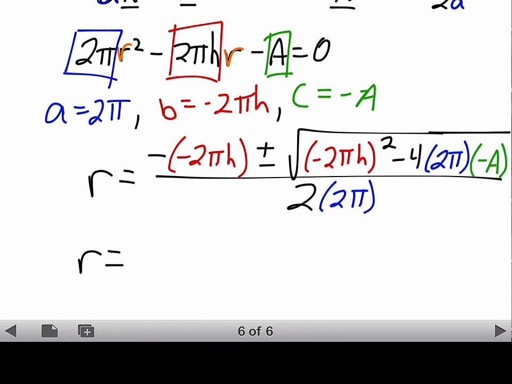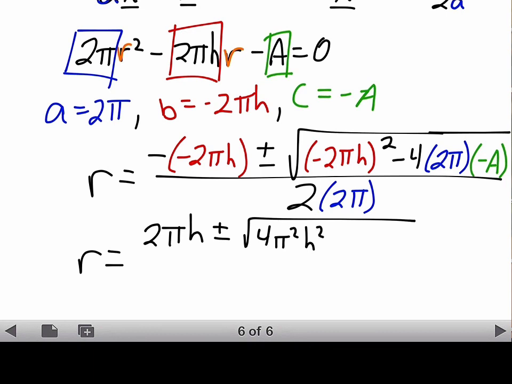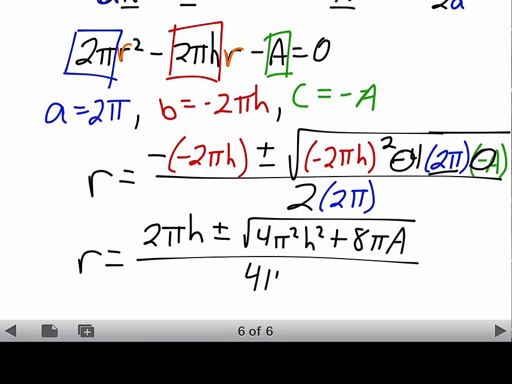R equals 2 pi h plus or minus the square root of 4 pi squared h squared. Now the negative 4 times negative a is going to become positive. Throw in that 2 pi, we have 8 pi a all over 4 pi.